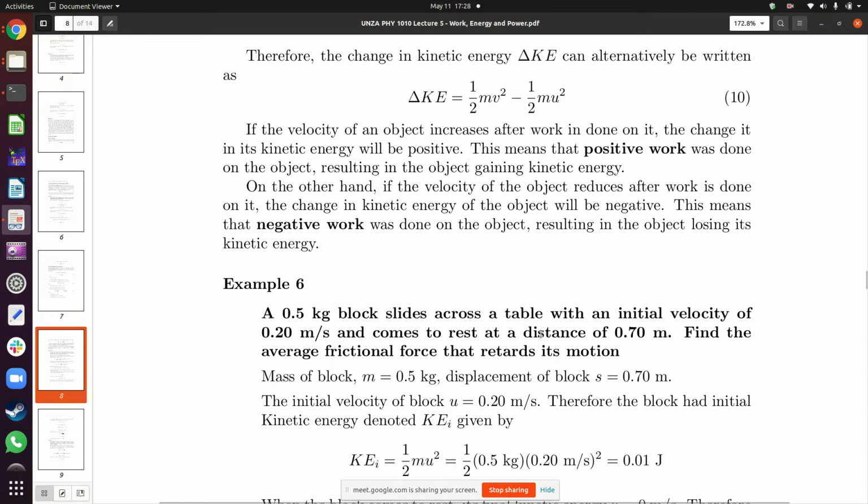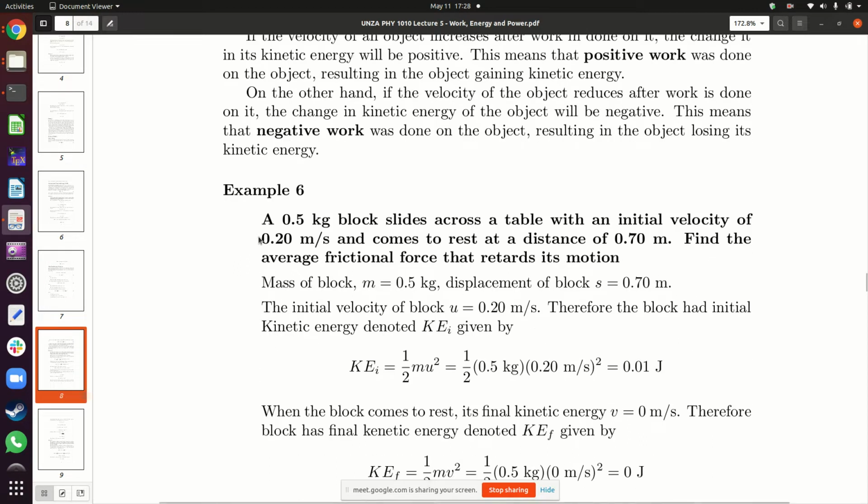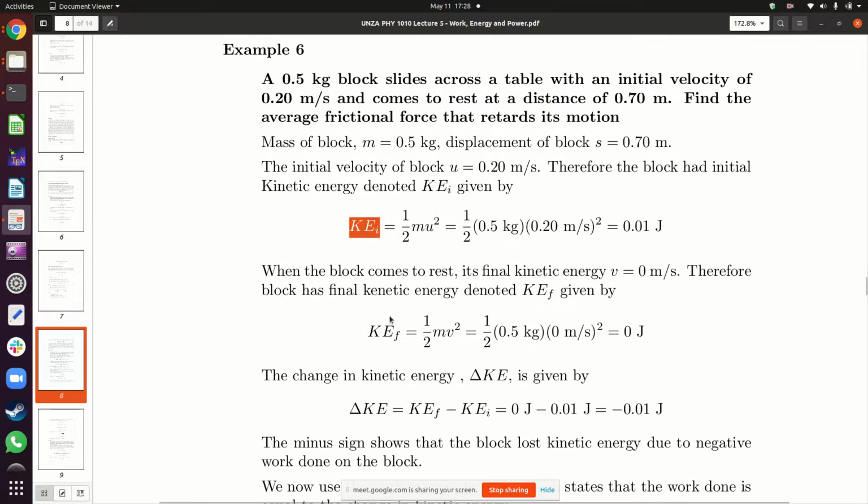It's clear now. Yeah. So we know that the velocity when it just starts sliding is 0.2. When it comes to rest, the final velocity is 0. So the initial velocity is 0.2, the final velocity is 0. So you can work out the initial kinetic energy as 0.01. You also work out the final kinetic energy, which is that. So you've got the final kinetic energy and the initial kinetic energy.